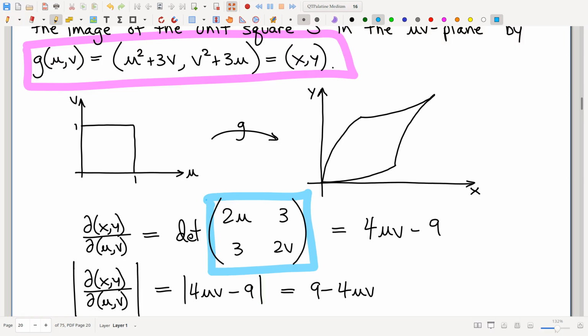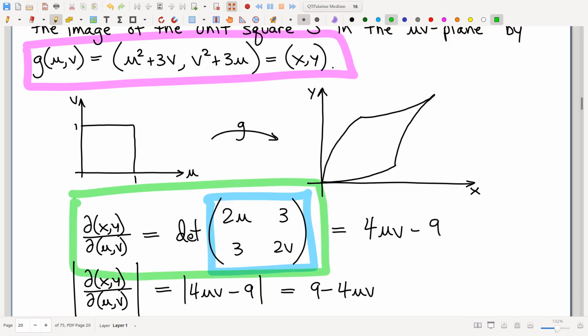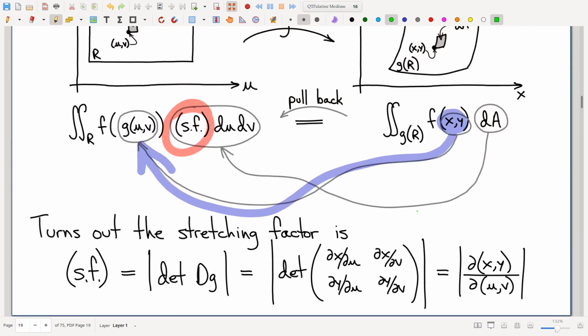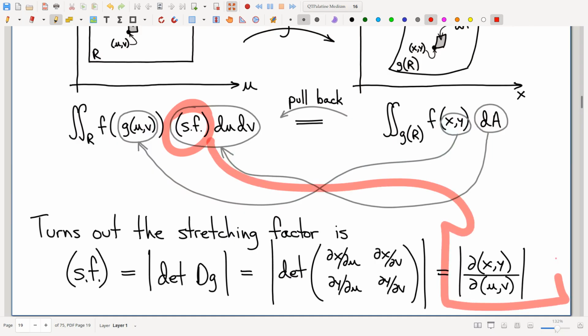Then we take the determinant of that derivative matrix. Fine, no big deal. And then checking back to our formula, notice that our stretching factor is, very importantly, the absolute value of that Jacobian determinant. That's an important part of the formula. You have to have the absolute value in there, not optional.